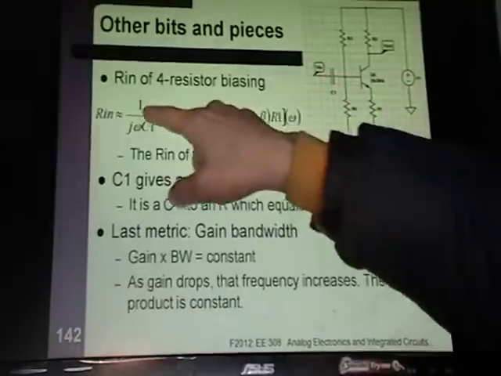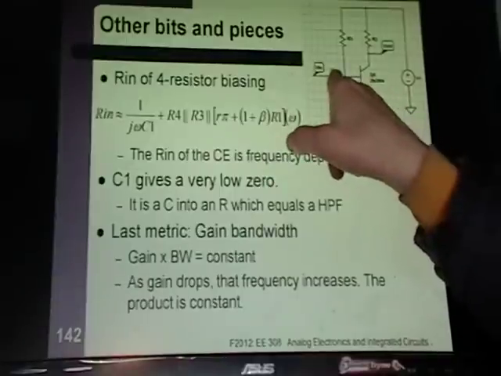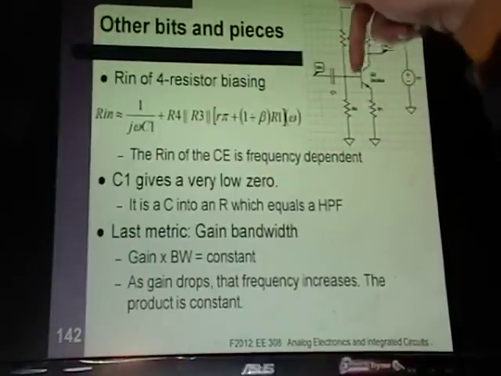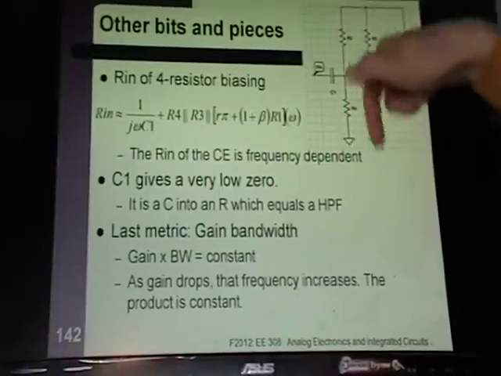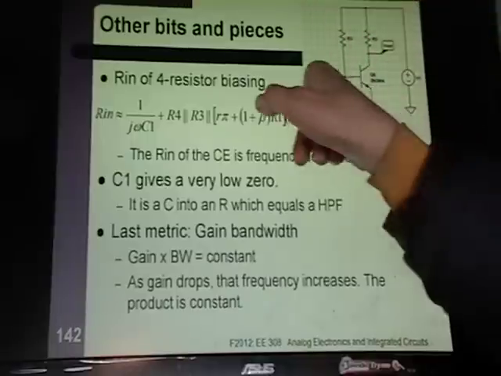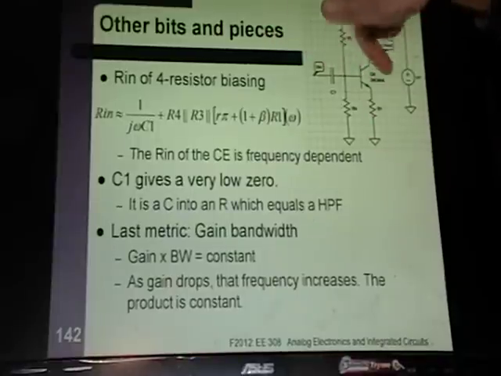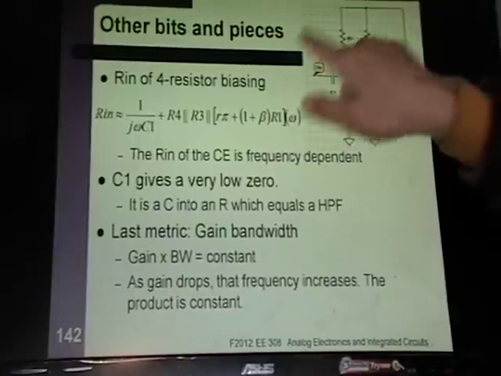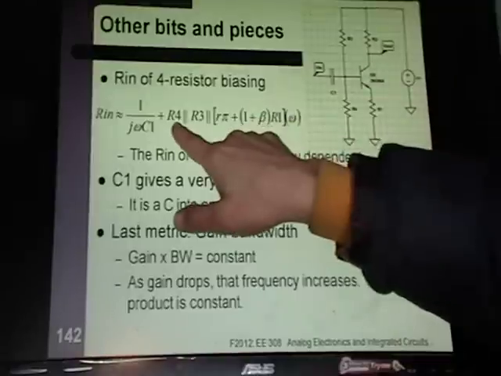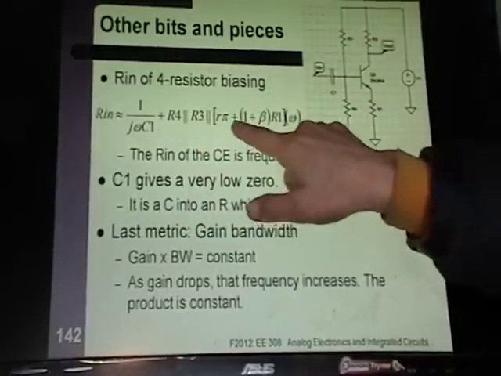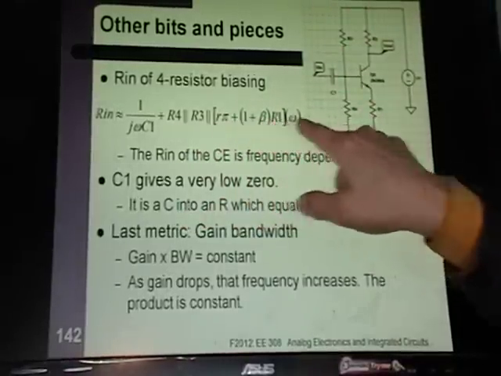Okay, that's going to be 1 over j omega c1. And then since these all go down to virtual ground, all of these are in parallel. Now you go to all paths you hit coming in here. So there's one path up, one path this way, and one path this way. Looking down, you see R4. Looking up, you see R3. Looking into here, you see your R pi plus 1 plus beta R1.